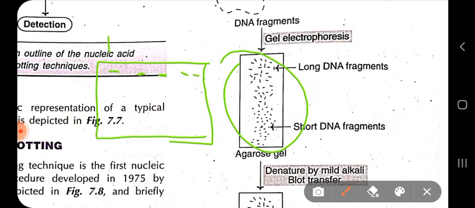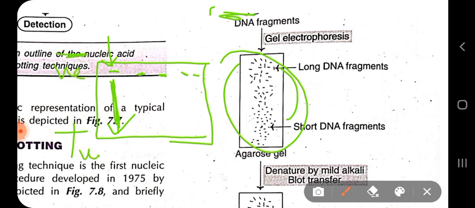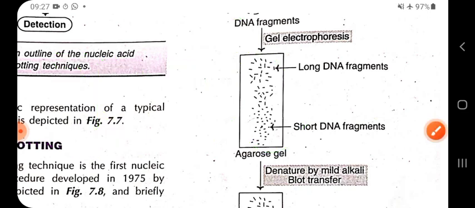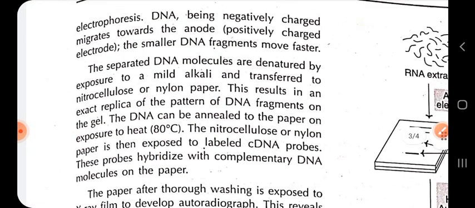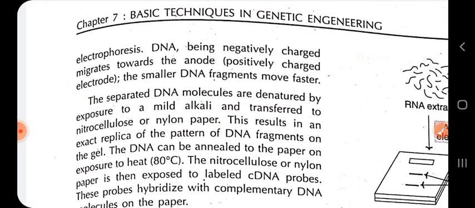In these wells we pour our mixture containing the restriction fragments, and they move down through the polyacrylamide or agarose gel towards the positive side of the electrode when connected to the electric circuit, because DNA is negatively charged. Up to this much, I think you have understood.